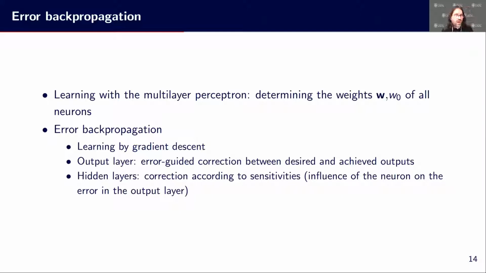Going from the output, we go to the hidden layer just before the output. We adjust its weights according to the sensitivity, so the influence of the neurons on that hidden layer on the output that we observe at the output layer, and we make some adjustment of the weights and so on from the output through the network up to the input. So we are backpropagating the error in the network.